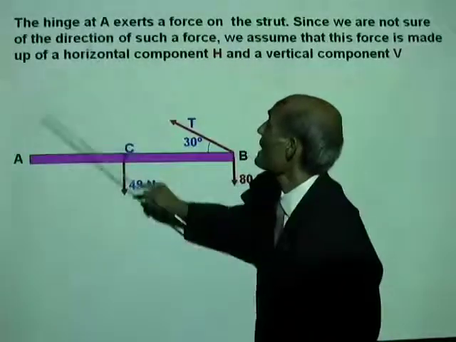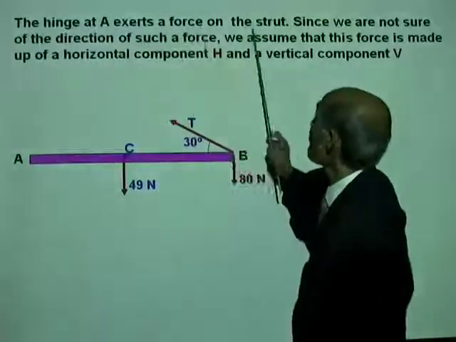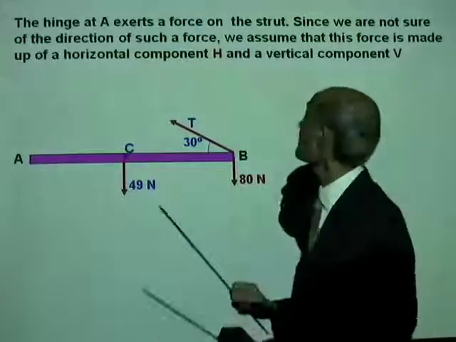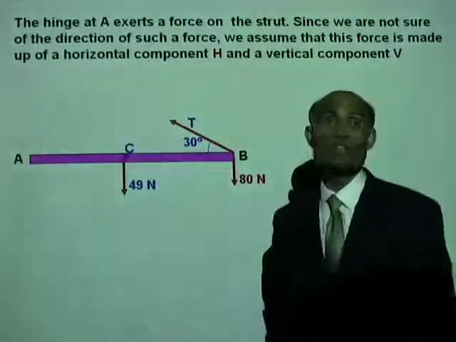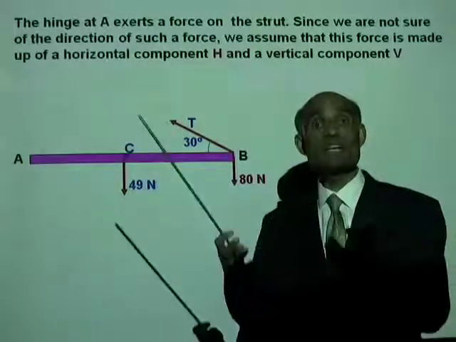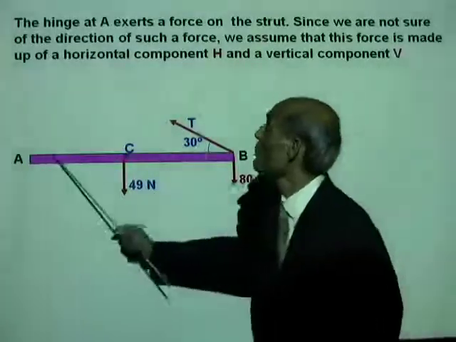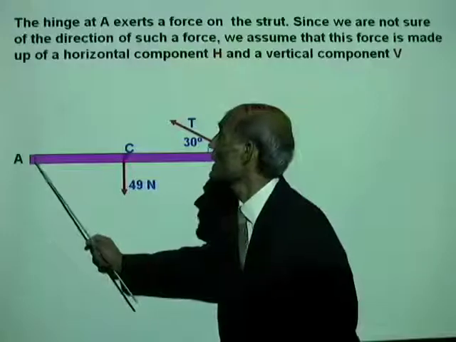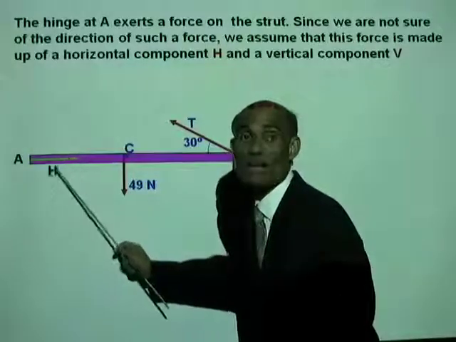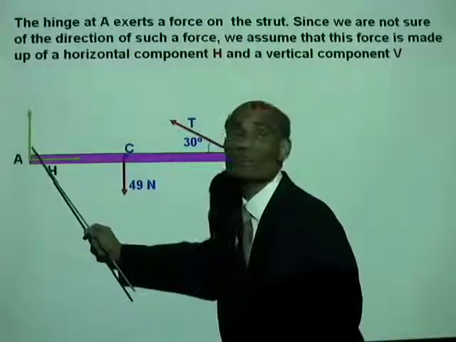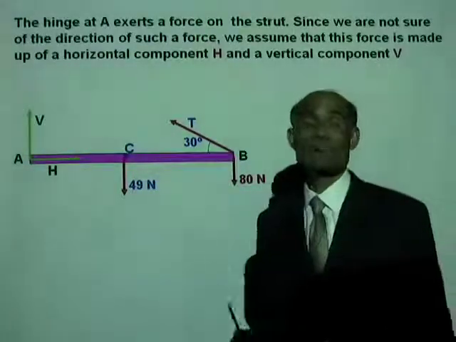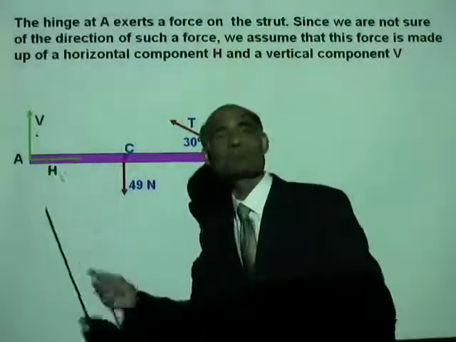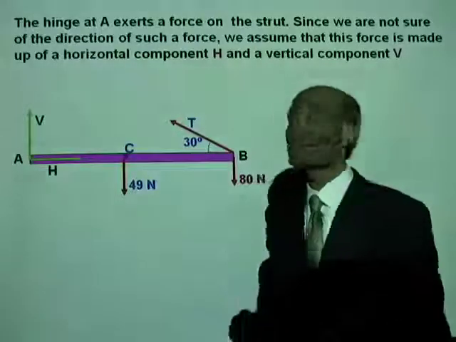Now the hinge at A exerts a force on the strut. Since we are not sure of the direction of such a force, we assume that this force is made up of a horizontal component H and a vertical component V. That's a very neat way to approach it when you don't know a force.